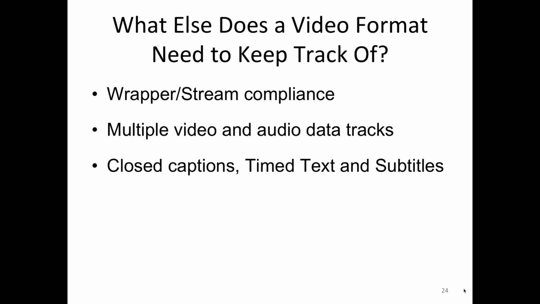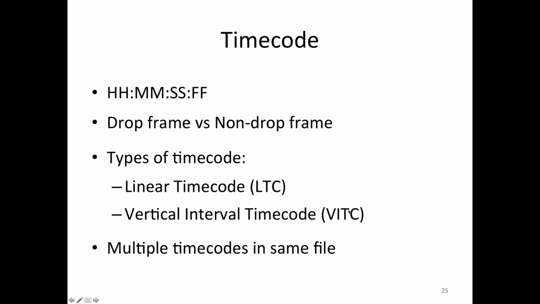And slide 26. Enhanced language options include closed captions, timed text, and subtitles. These are all important features of broadcast collections, although they are less frequently encountered in other classes of content. The binary representation of this data, such as line 21 closed captions, would ideally need to be retained in a reformatted video.